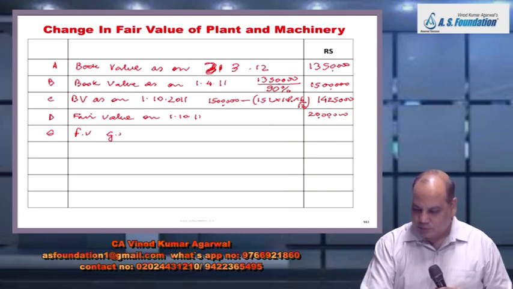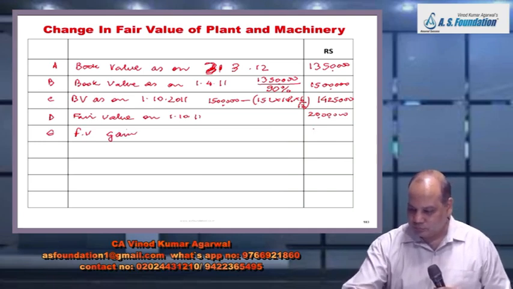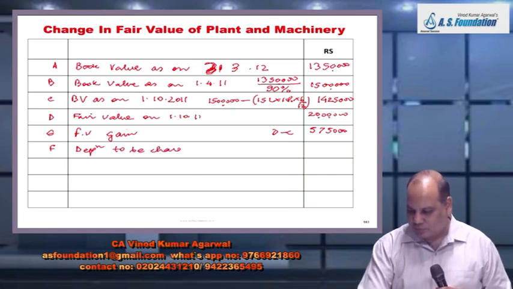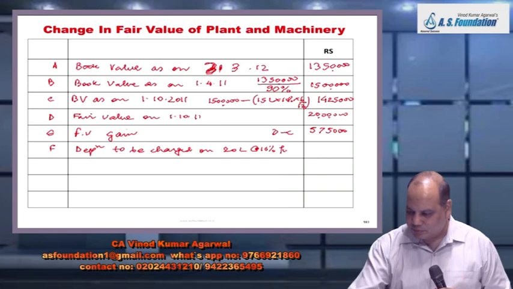Fair value gain, D minus C, 5 lakh 75,000. Point F. Depreciation to be charged on 20 lakhs at 10% for 6 months, 1 lakh.